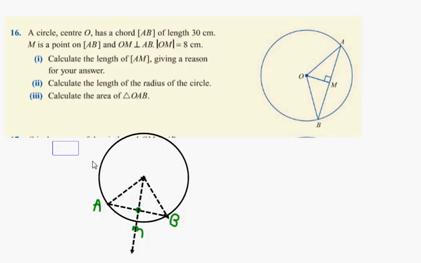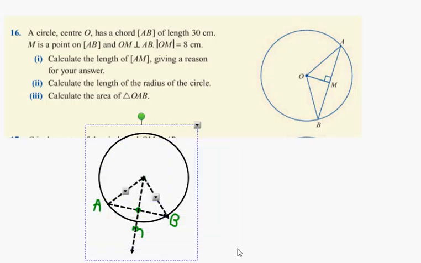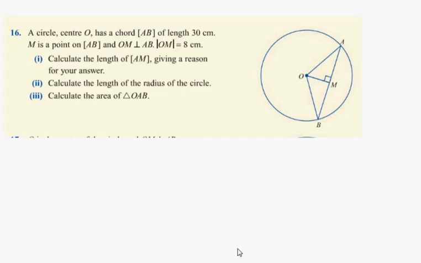So let me explain how I'm going to do this question. You know that this is 30, that makes that one 15 and that one 15. I know that O to M is 8. It then wants me to find A to M, which is 15. It's the midpoint, so hence half of it. Calculate the length of the radius.